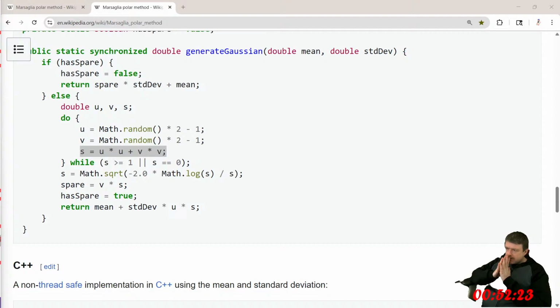And then S is equal to what? Log F over F. And then I'm returning the mean plus the standard deviation times U times F.